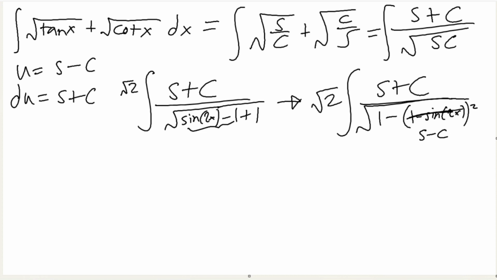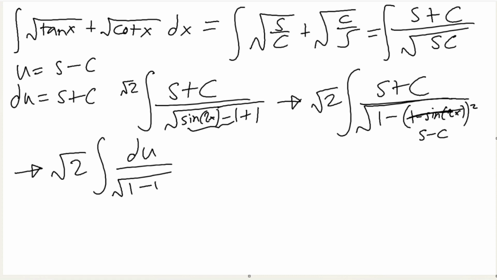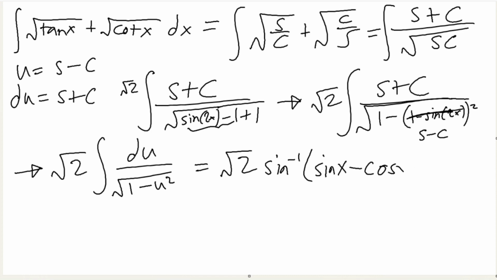So now this is just root 2 of du over the square root of 1 minus u squared. Oh, wow, would you look at that? This is just root 2 times the inverse sine of u, which is sine x minus cosine of x plus c.